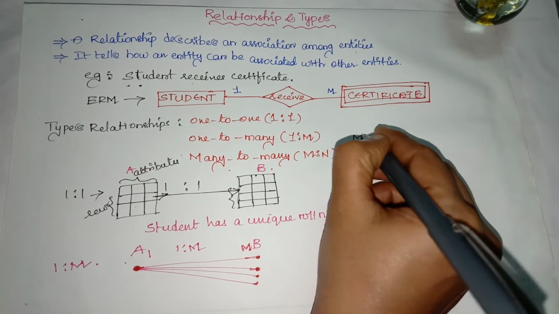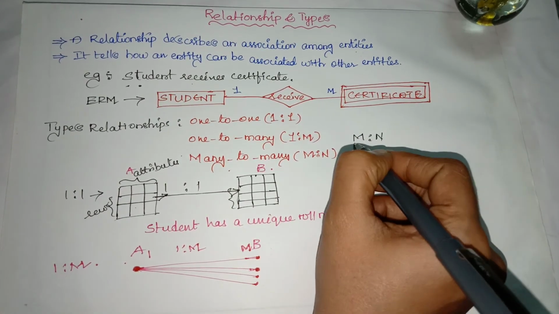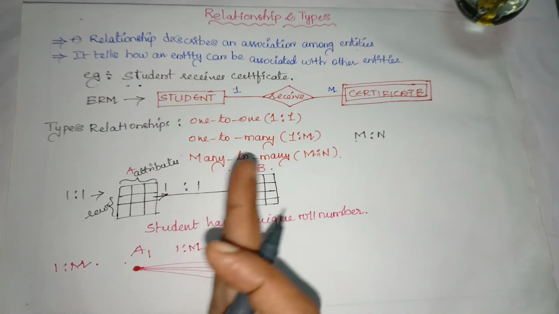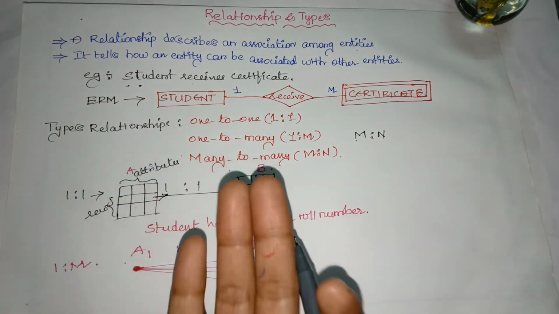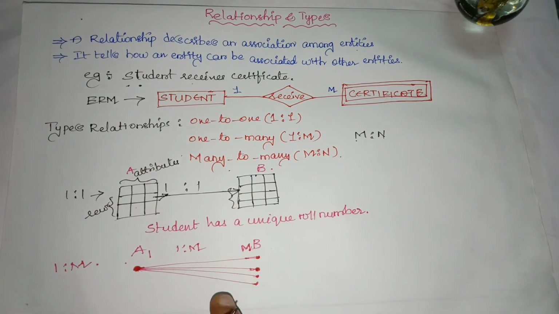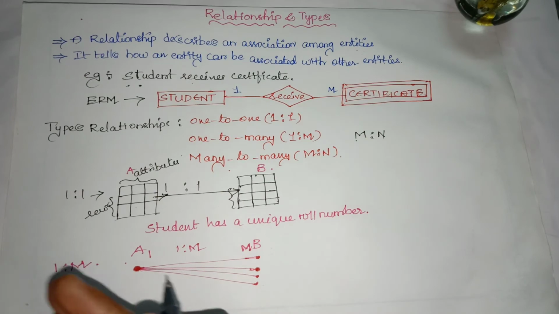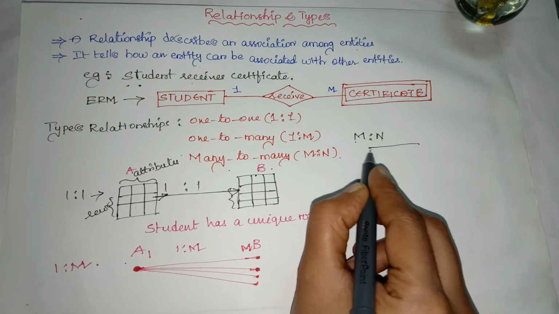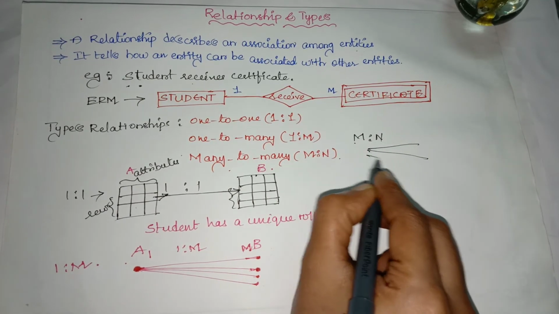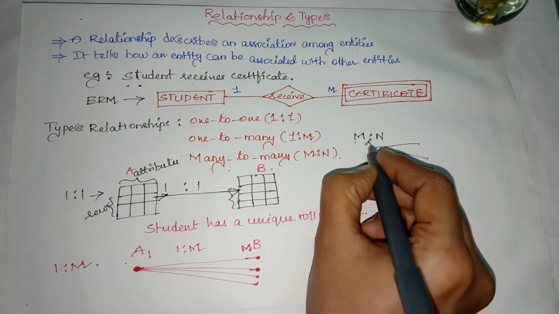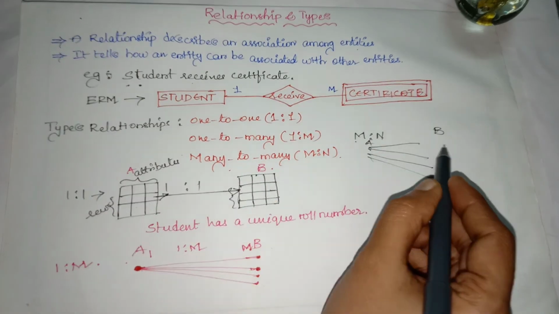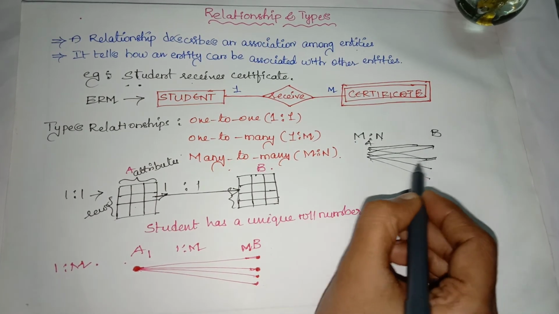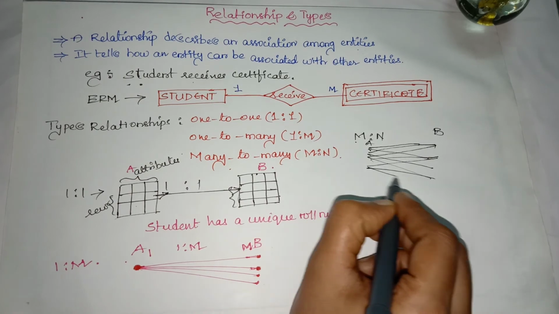Next, many-to-many can be shown as M to N. In this relationship, a record in table A can have many matching records in table B, and a record in table B can have many matching records in table A. Suppose this is table A and this is table B. From this side it is many to many, and from this side also many to many.